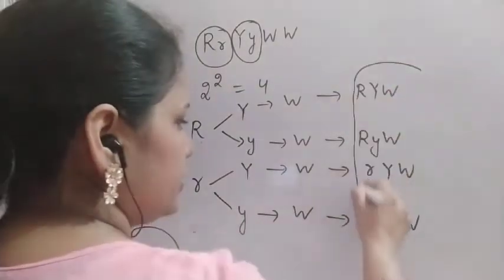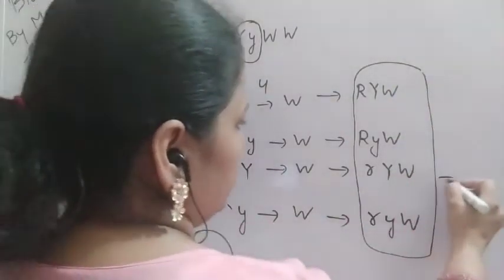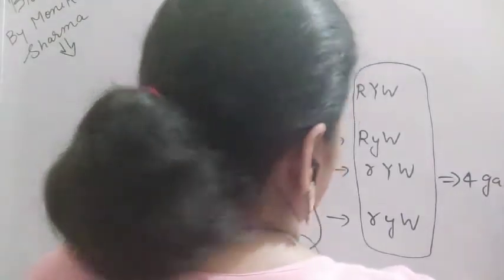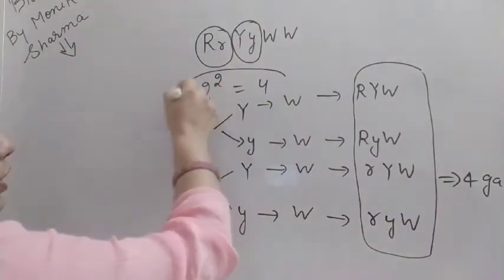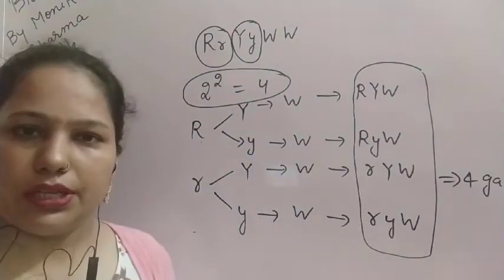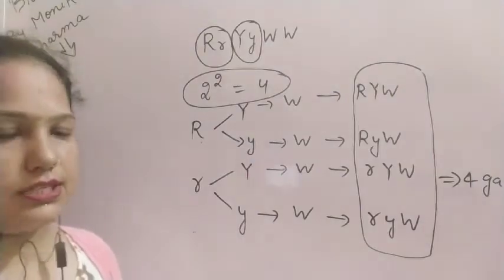So how many gametes are formed? Here there are 4 gametes. So with this formula, if you know the number of the heterozygote, then you can make the gametes very easily.